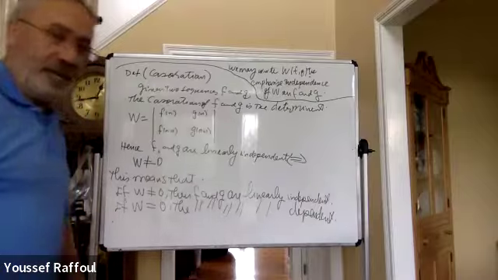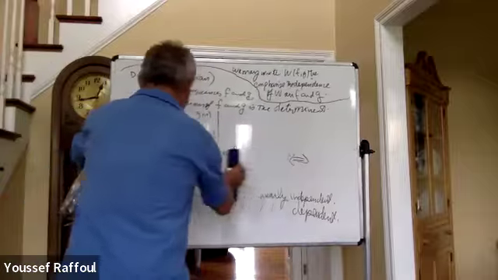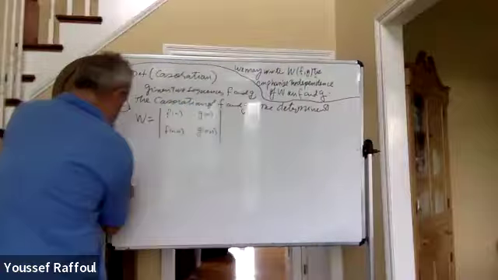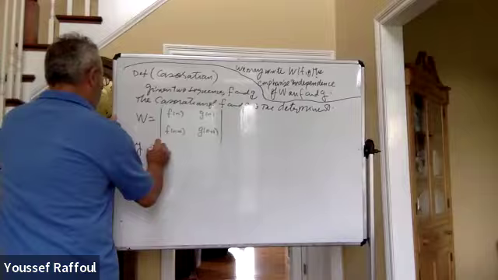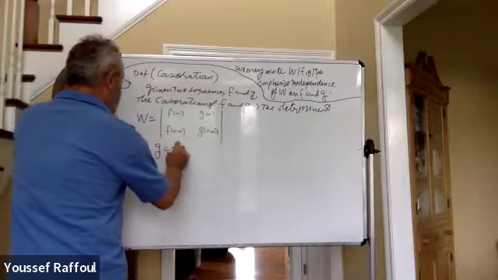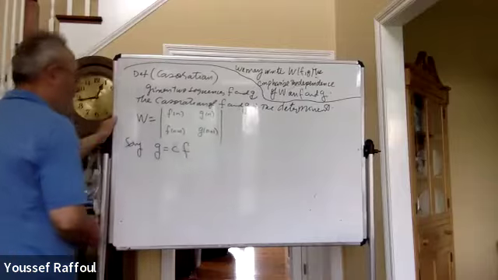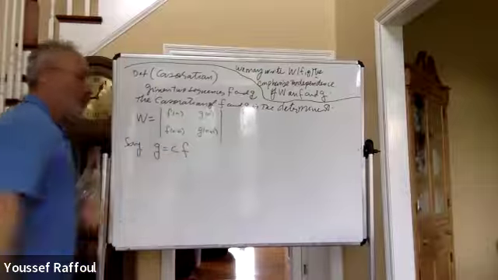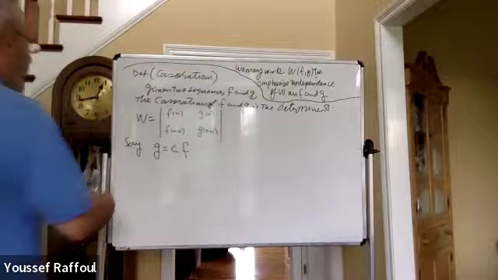All right, so if we take, let's say, g equals c times f, that means g can be written as a constant times f.